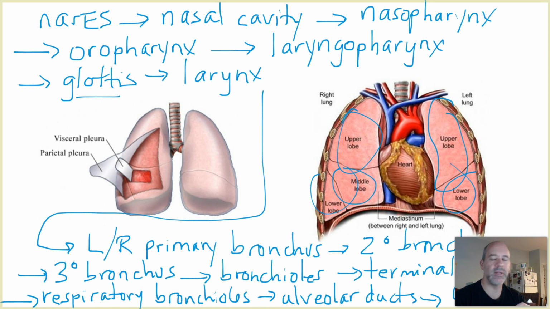That shouldn't be too hard to remember, especially since you've had a lot of these anatomical features previously. So know that as well, and do recognize things like alveoli and respiratory and terminal bronchioles and pulmonary capillaries on that blow-up diagram of the cluster of the alveoli that I was showing you on a previous PowerPoint slide.